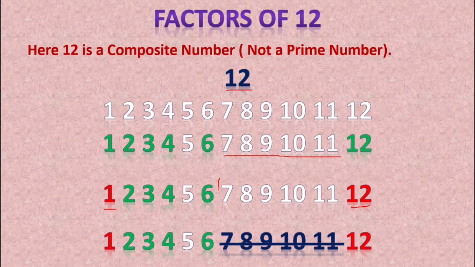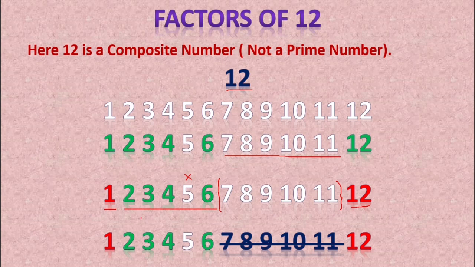From 7 to 11, no factors exist, so I can simply remove them and concentrate on 2, 3, 4, 5, 6. Among these, 5 is not a factor because the remainder is 2, and all the others divide perfectly.